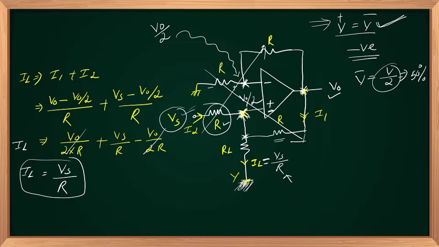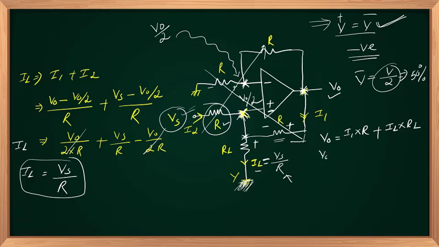While evaluating the output voltage, you can see that V out is this node voltage with respect to ground. So that is the sum of this drop plus this drop, I1 R plus IL into RL. So V out is nothing but, as per KVL, the voltage across R, that is I1 times R, plus IL times RL.